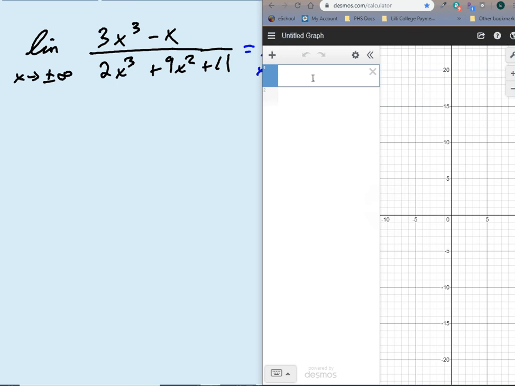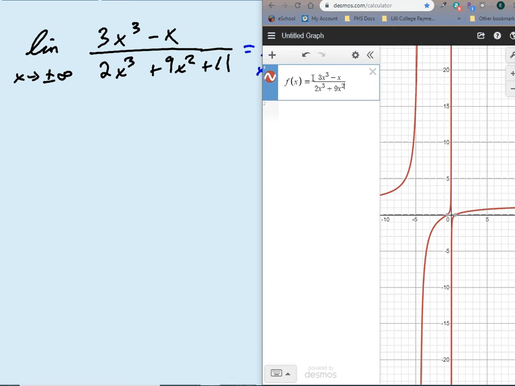So let's make the first one f of x, and that is 3x cubed minus x, all divided by 2x cubed plus 9x squared plus 11, okay?